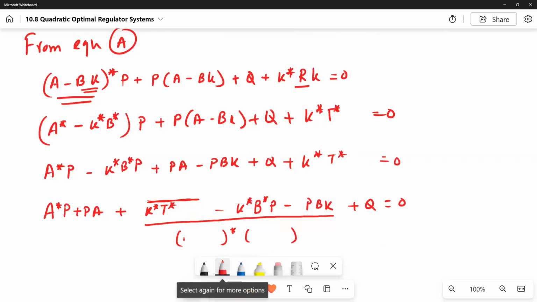Now, it will be basically TK. So ultimately TK. So now one of the parameters has to be TK in both cases. And as you can see, TK transpose will give you K transpose and T transpose.